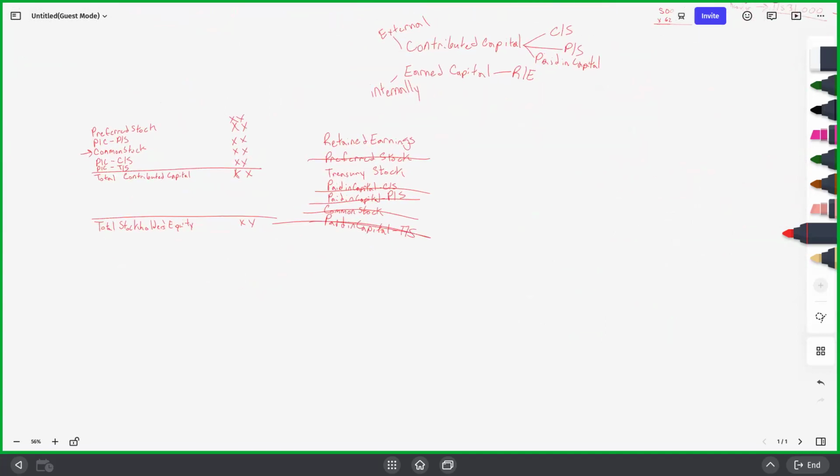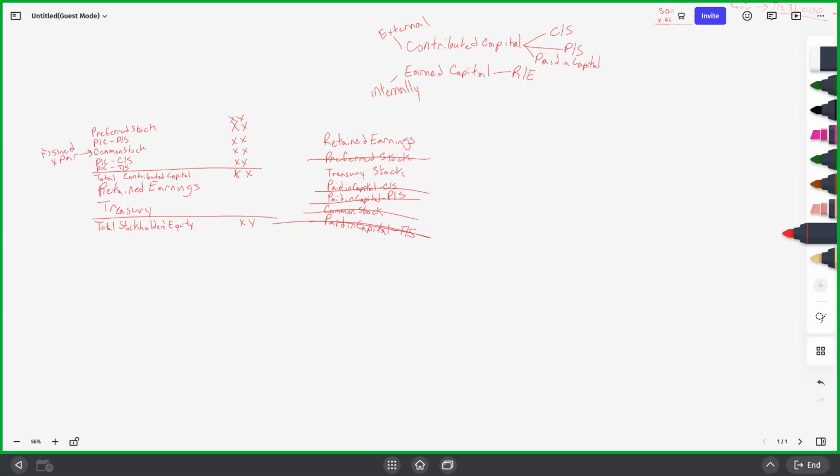So that leaves retained earnings and treasury stock. We're just gonna throw them on here. All right, treasury stock.